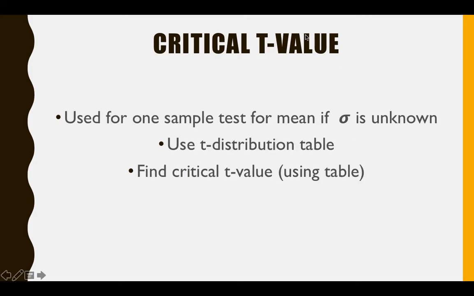Critical T value. If the population standard deviation is not known, you should use the critical T value. Critical T value utilizes the T distribution table, and the critical T value can be found from the table in any statistical textbook.